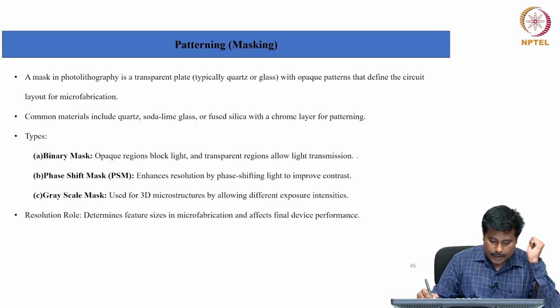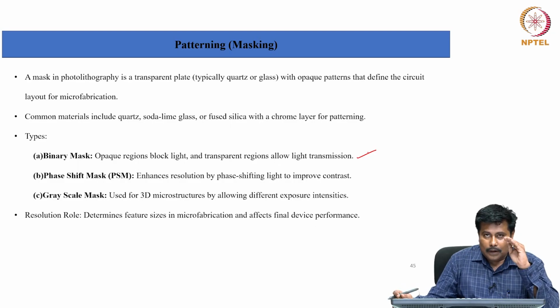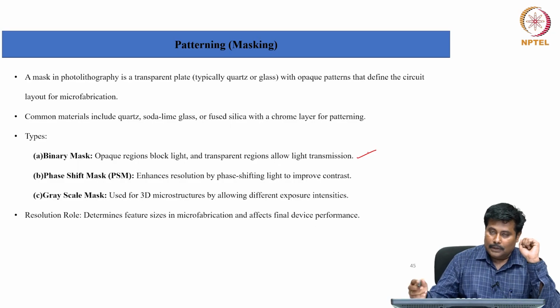One we call a binary mask. The main function of the binary mask is that the opaque region blocks the light and the transparent region allows the light to transmit. So, it is something like this.